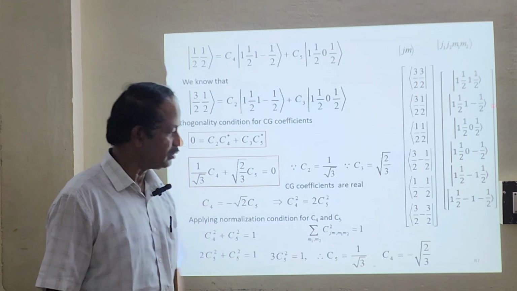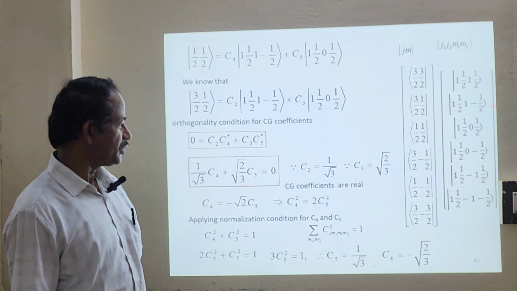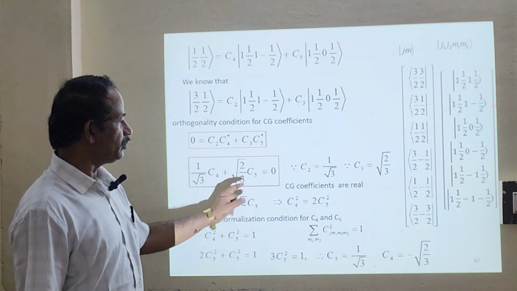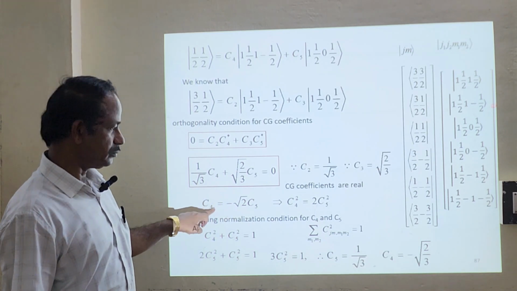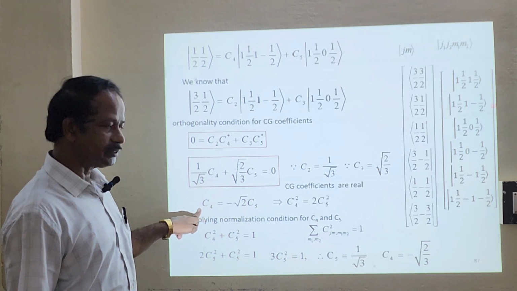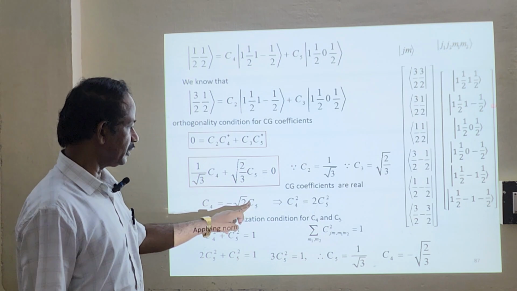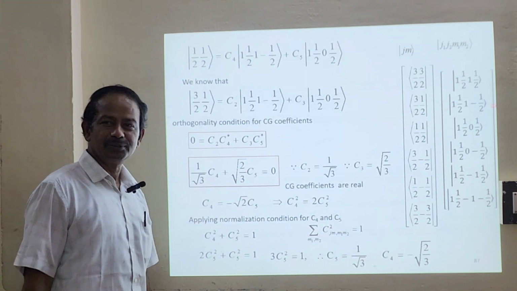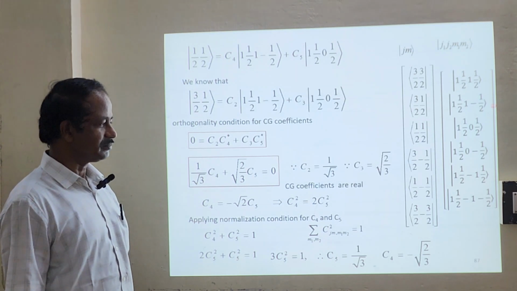So C5 equals 1 by root 3. Substituting here, C4 equals minus root 2 by 3.